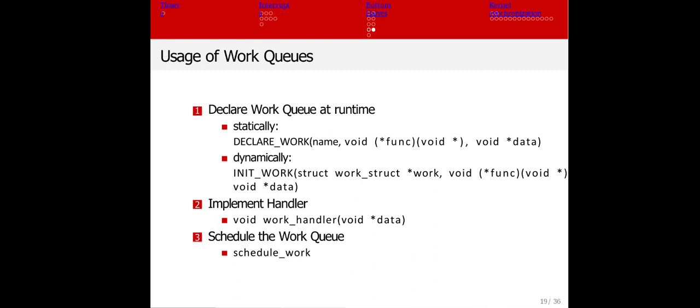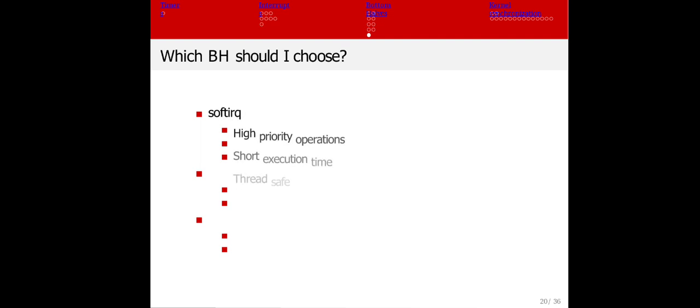Which bottom half should I choose? We have seen soft IRQ, tasklet, and work queue. So on what basis would we choose these bottom halves? Soft IRQ is for highest priority operations, short execution time, and thread safe. On these things, we choose soft IRQ.